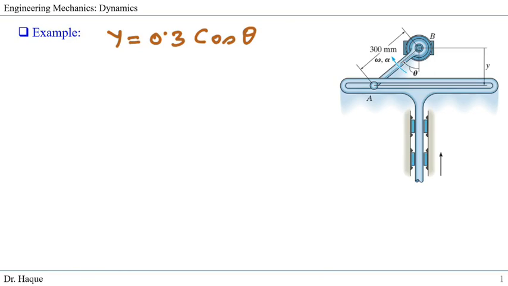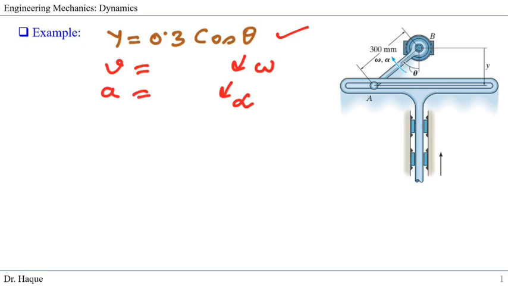It seems easy from here, as we can think if we just take first derivative and second derivative, we might get omega and alpha, omega from here with first derivative, alpha from here with second derivative, and velocity by first derivative and acceleration with second derivative, and we may solve the problem.